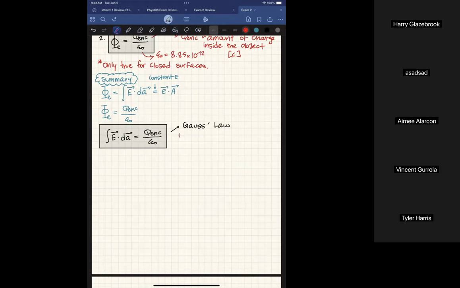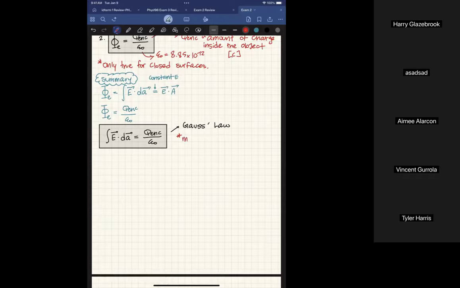So I do want to pause for a second and just mention why we use this, why this is important. All Gauss's law is a concept on electric flux. It's basically a mathematical model that allows us to find the electric field of different charge distributions.